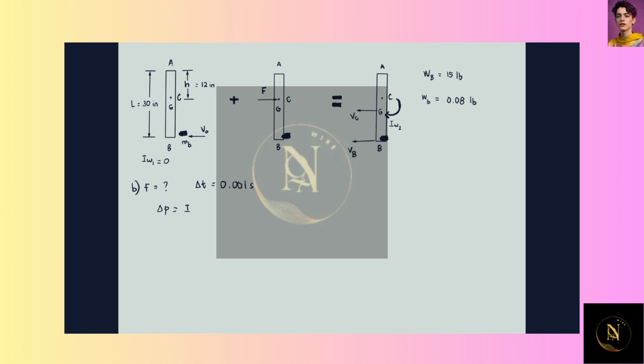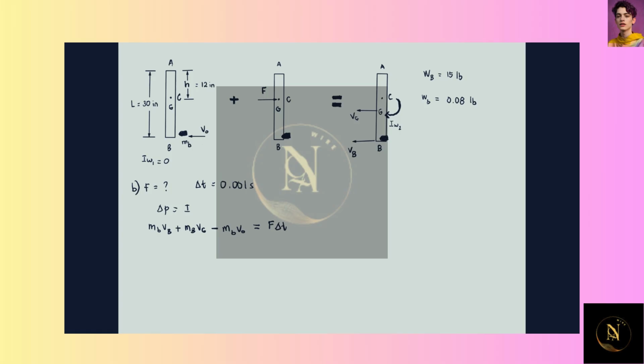Substituting the equation for momentum and impulse, the change in momentum is the final momentum, which is mBVB plus mBVG, minus the initial, which is only for the bullet, m sub b, v sub o, because the bar is initially at rest, equals the impulse, which is the force times the time interval, or the contact time.